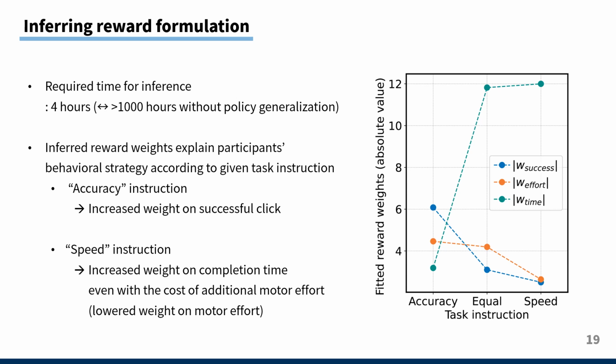With the inferred reward weights, we can now explain the changes in participants' behavior strategy based on quantitative values. For example, when given an instruction that emphasizes accuracy, participants performed the task with a high reward weight on successful click. On the other hand, when given instructions that emphasize speed, participants gave a high weight on completion time, and they lowered the weight on motor effort, which means that they were willing to take more effort to perform the task.